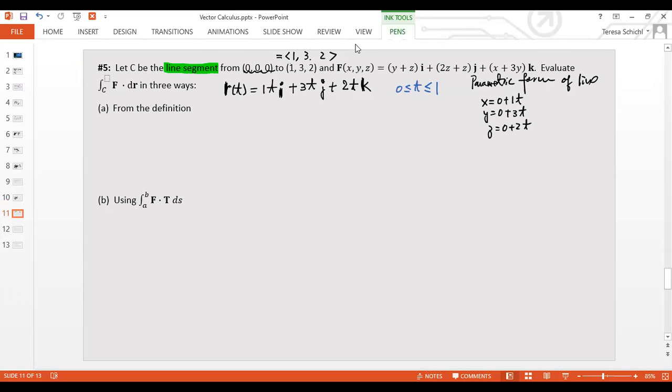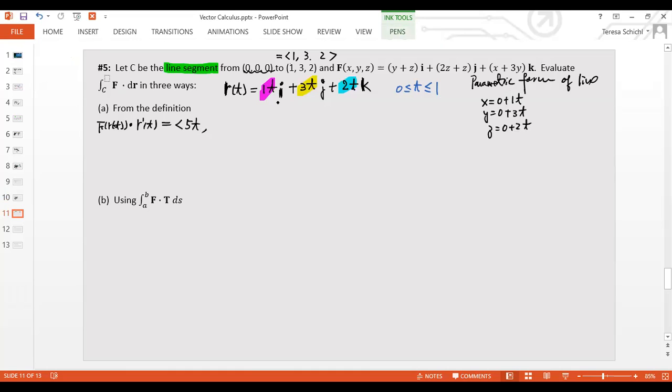Now let's use the first definition, which is F(r(t)) dot r prime(t). Let me color code that: this is x, this is y, and this is z. The first component is y plus z, so that is 5t.